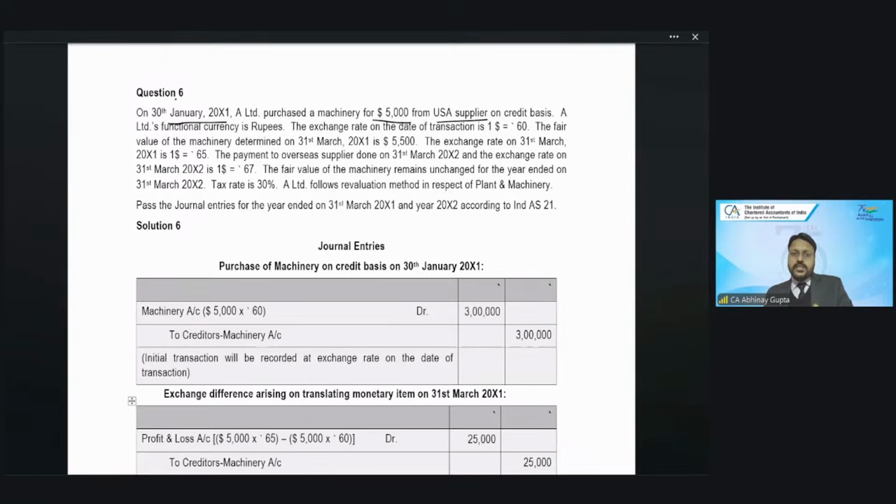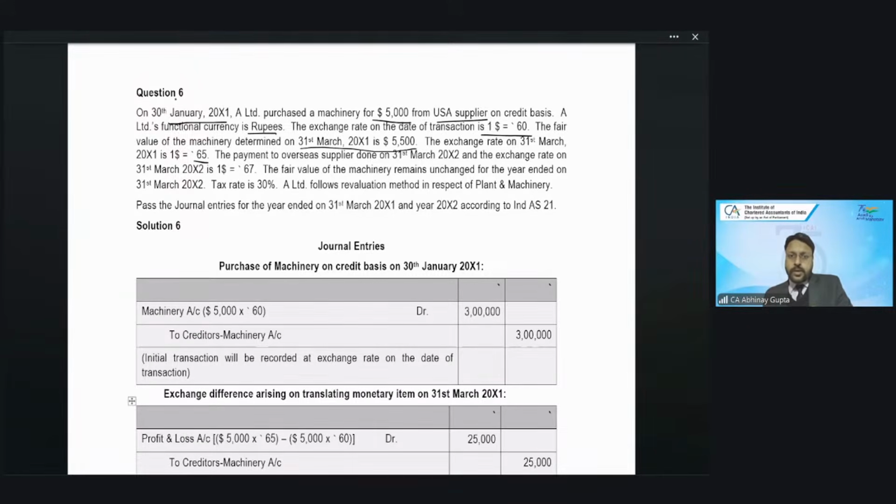A Limited's functional currency is INR. Exchange rate on the date of the transaction is $1 equal to 60 rupees. The fair value of the machinery determined on 31st March 2001 is 5,500, right? On 31st March, fair value of the machinery becomes $5,500 against the $5,000 for which A Limited has purchased. The exchange rate on 31st March is $1 to 65 rupees.